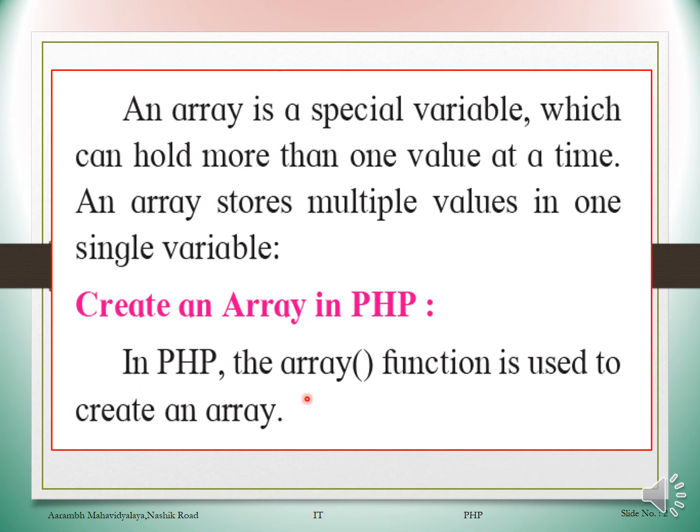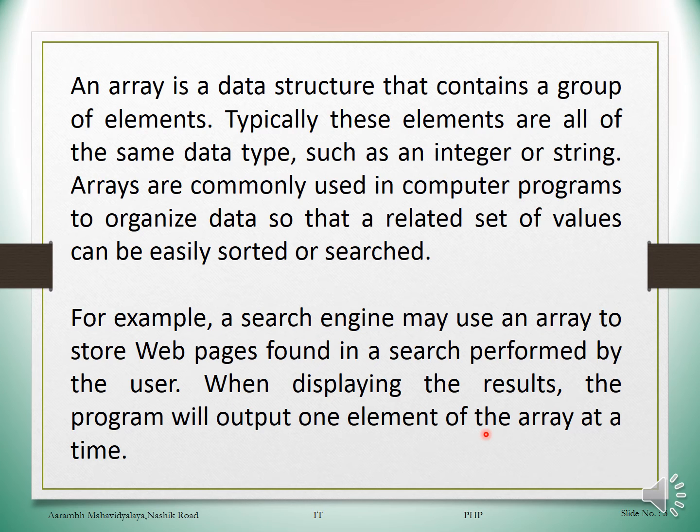Now to create an array in PHP, we have to use the array function and the round brackets. Then we can generate the array. An array is a data structure that contains a group of elements.